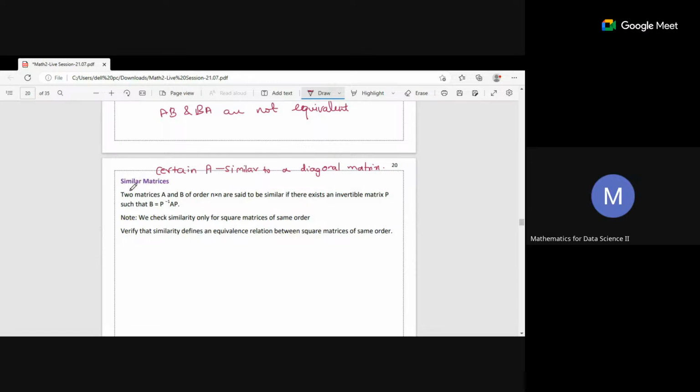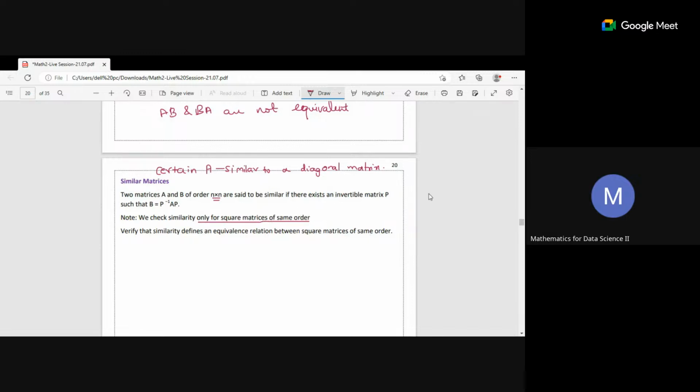So first let us see what are similar matrices. Two matrices A and B of order n by n are said to be similar if there exists an invertible matrix P such that B is equal to P inverse AP. So what did we have in the previous case? In the previous case, we had rectangular matrices, whereas for similar matrices, we deal only with square matrices of the same order.